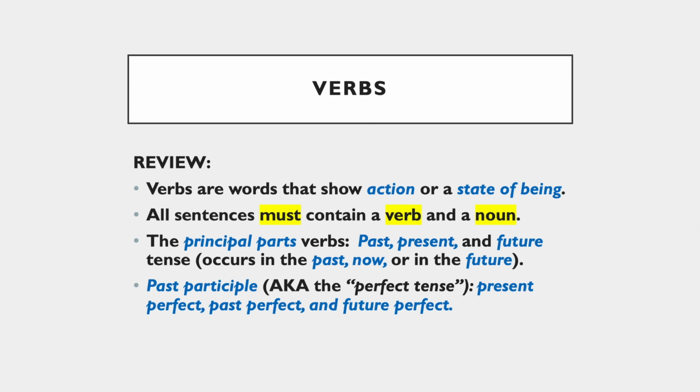And then the past participle or perfect tense, present perfect, so something that has already been completed in the present. Past perfect, something that was completed in the past. And future perfect, something that will be completed in the future.